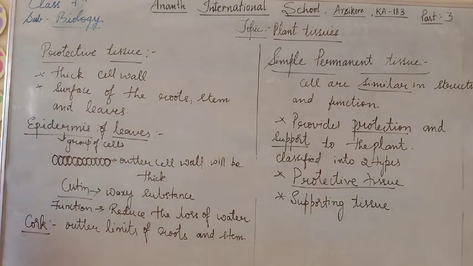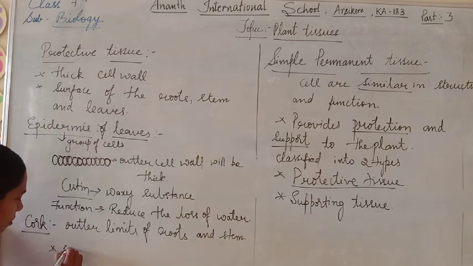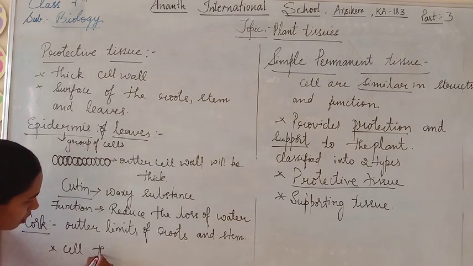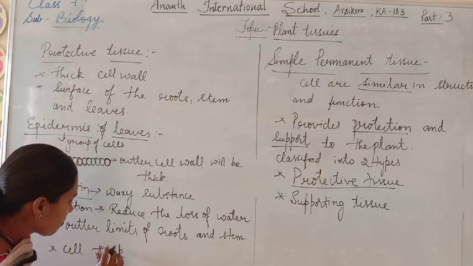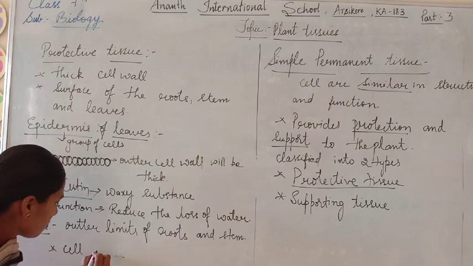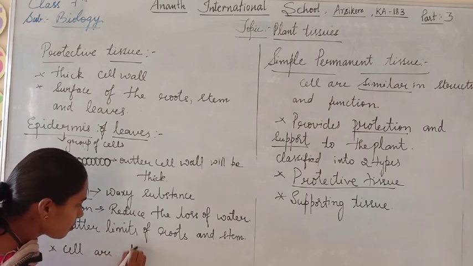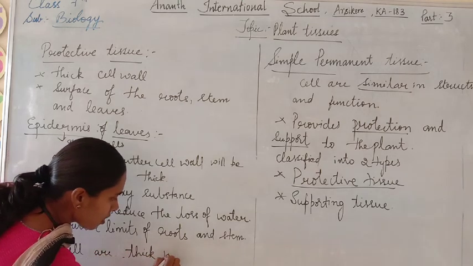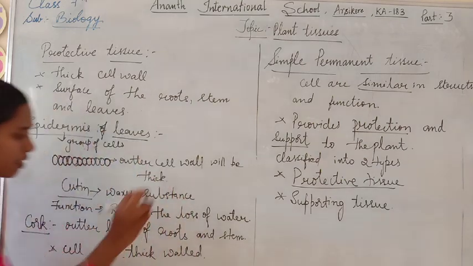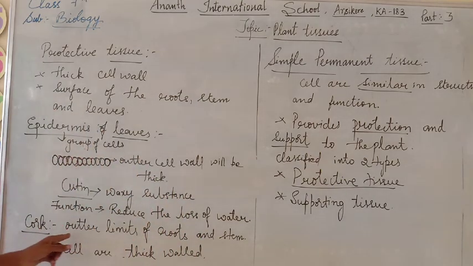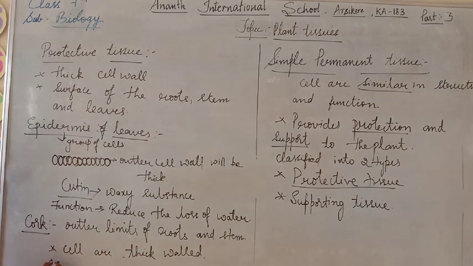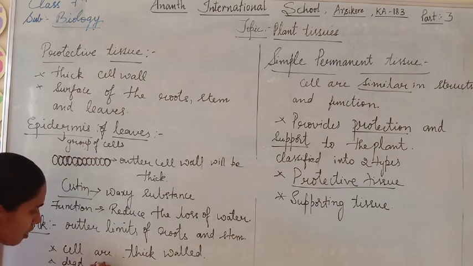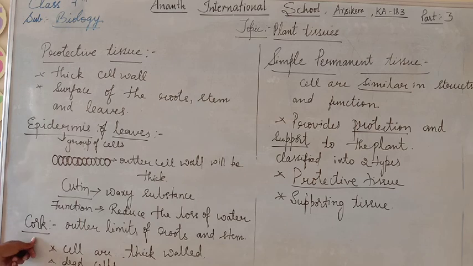The cells have thick walls and they are present in the outer limits, which means dead cells are present in the cork.